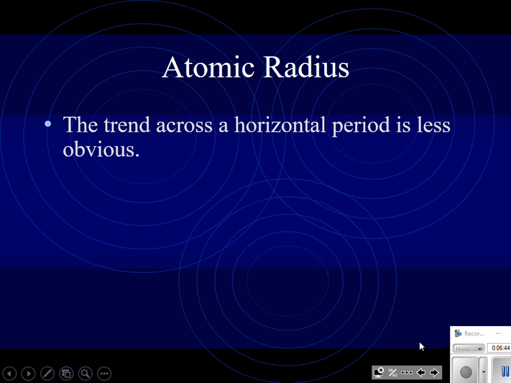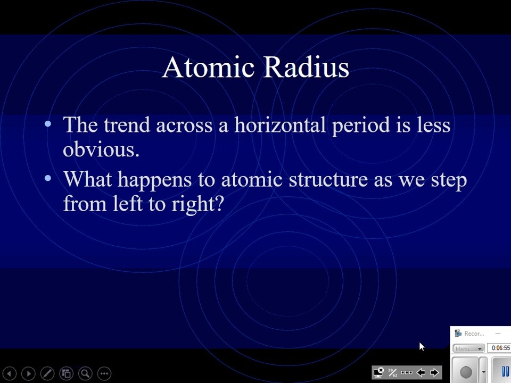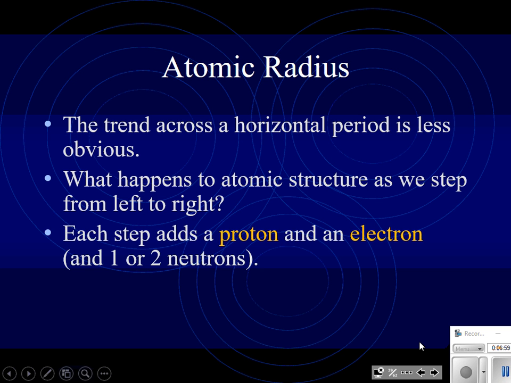Now let's look across a periodic table, across the period, the horizontal way. It is less obvious. Okay?